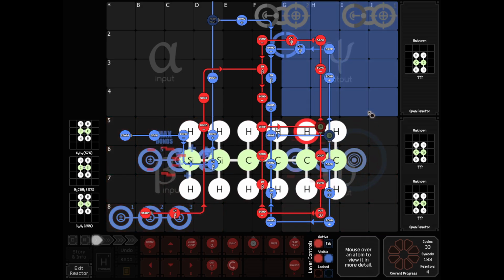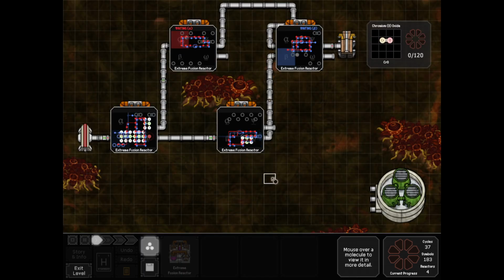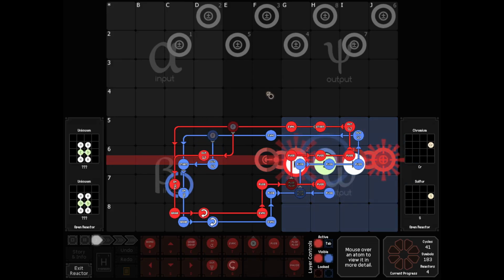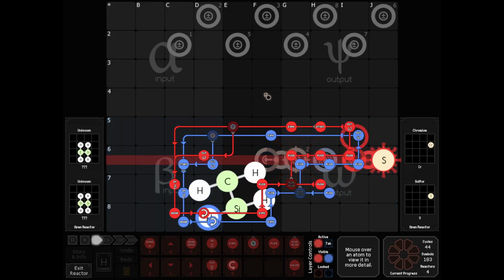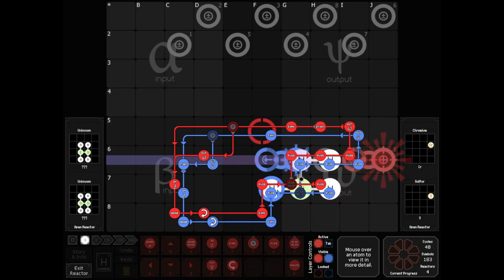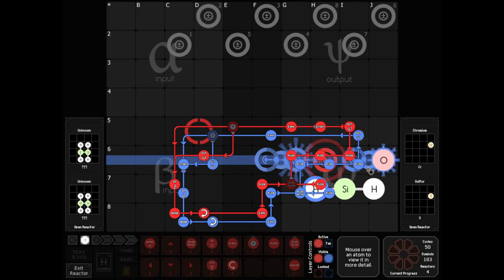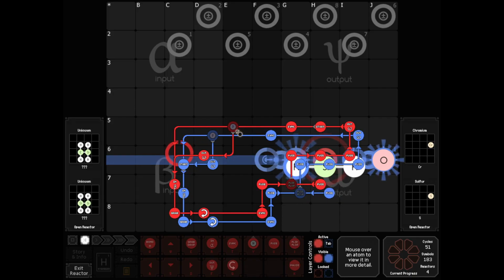Okay. Then let's have a look at the other reactor right here, which uses the top half here, while red is running over a sensor there. And then the bottom it knows will always be silicon, which turns into sulfur.